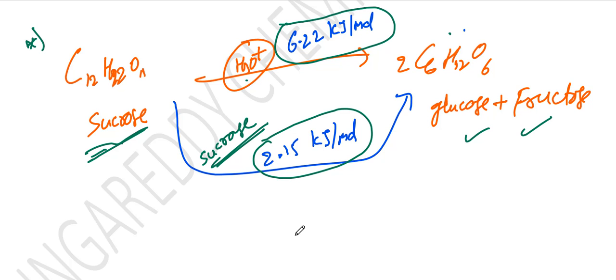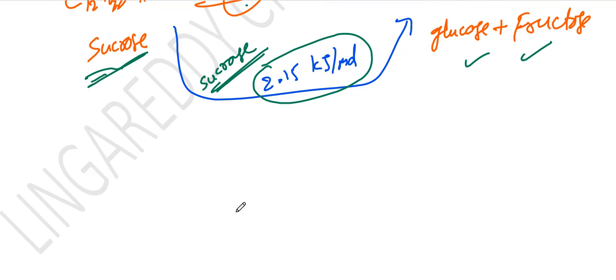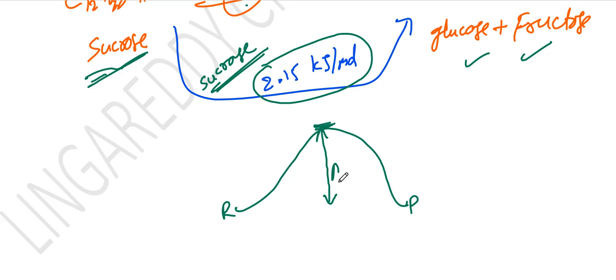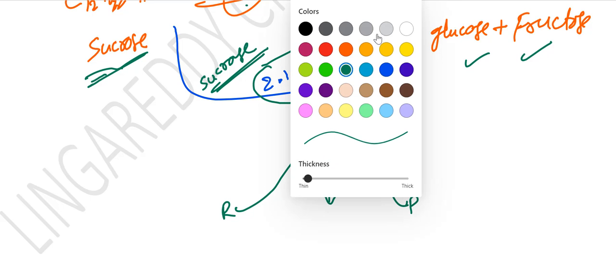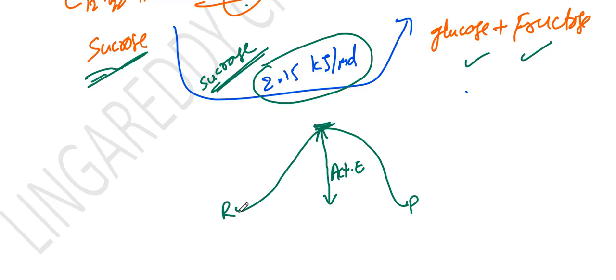Okay, if I show you the graphical lines, the reactant is forming product, it should cross over some energy barrier, so this is known as activation energy. This is the activation energy. Okay, if you use the catalyst, what will happen, this reactant to product जाने के लिए बस इतना enough है.